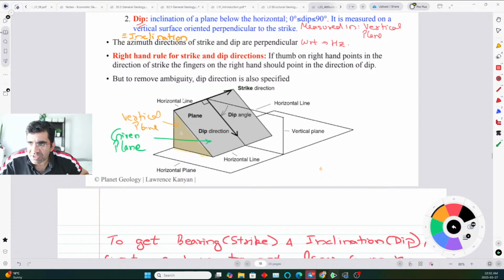All right, so first thing that you have to do is get this horizontal line by intersection of the given plane and horizontal plane. Once you have the horizontal line, you get a strike line. And just as we defined the bearing, you measure the strike, the angle between the horizontal and the strike. Okay.